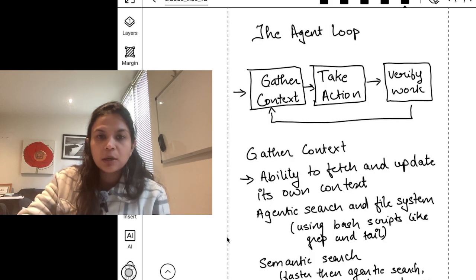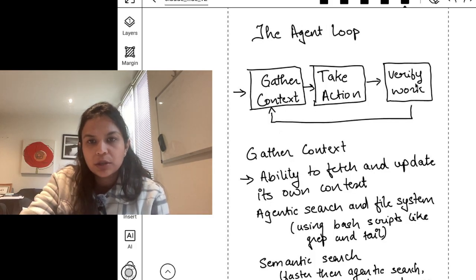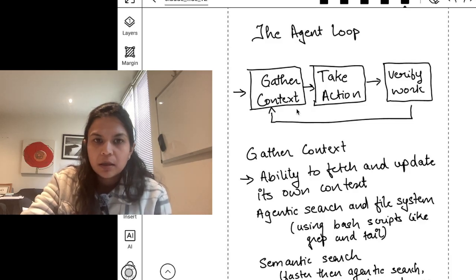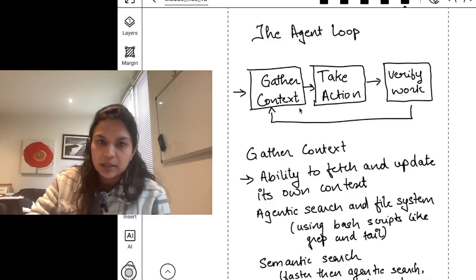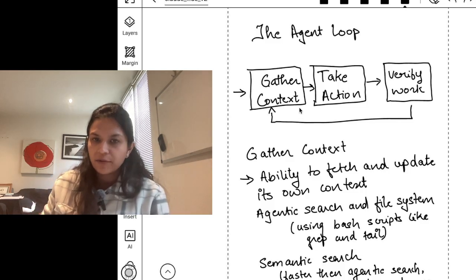So this is the loop which the Claude Code agent follows, or any agent which is built using the Claude Code SDK can follow this. Any agent ideally should follow this loop of gathering the context, taking action, and then verifying the work.